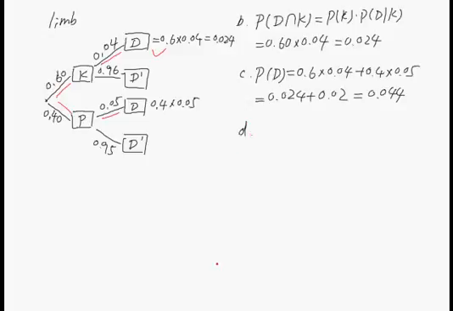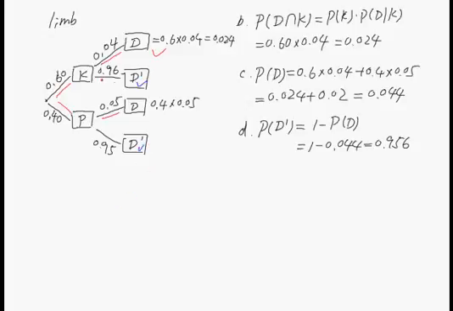Now part D, find the probability that a bag is defect-free. So this is D prime. You may use the one rule, 1 minus P of D, which is equal to 1 minus 0.044, and this is equal to 0.956. Actually, you may also check those names containing D prime. This one contains D prime, and this one contains D prime.